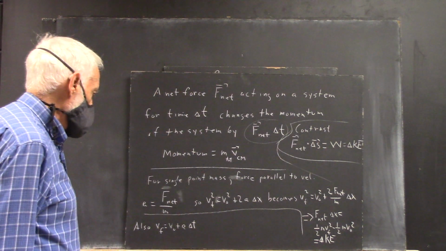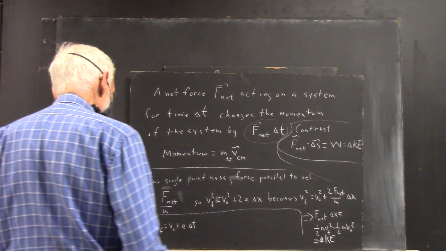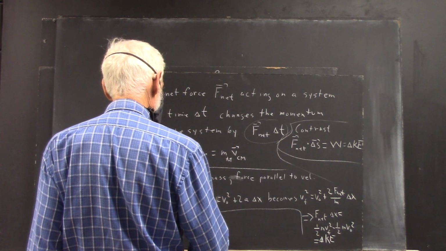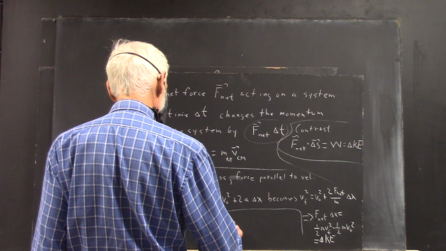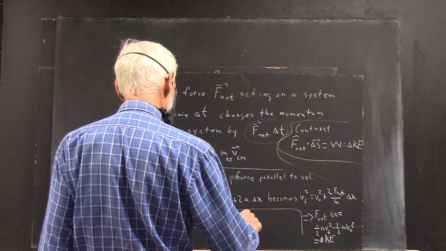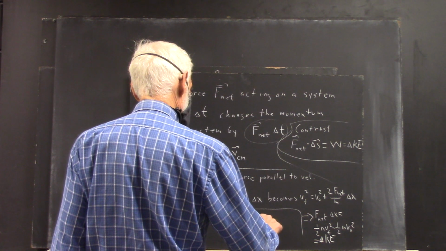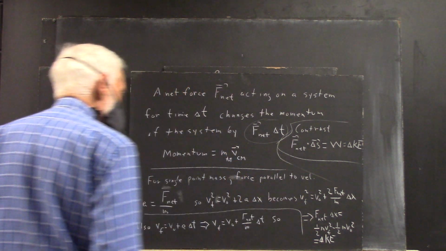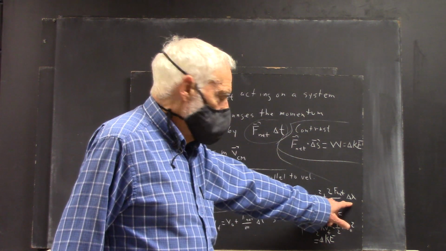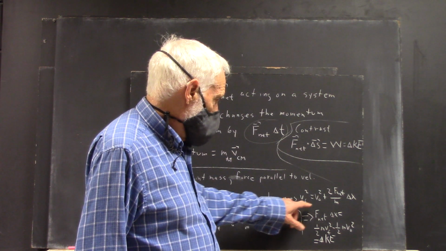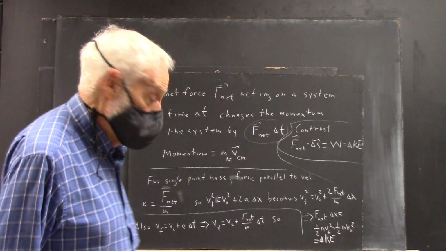The other equation could be written as Vf equals V naught plus a delta T. It's an equation that looks a lot like this, except you've got a delta T instead of a delta X. You've got a final velocity and an initial velocity instead of a squared final and initial velocity.